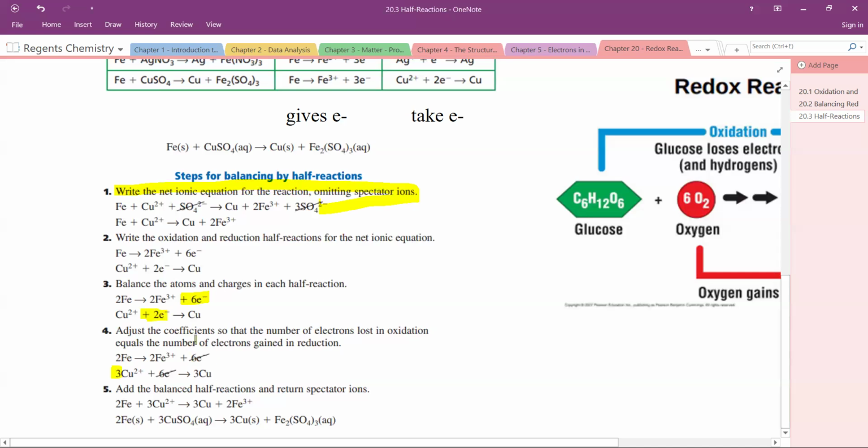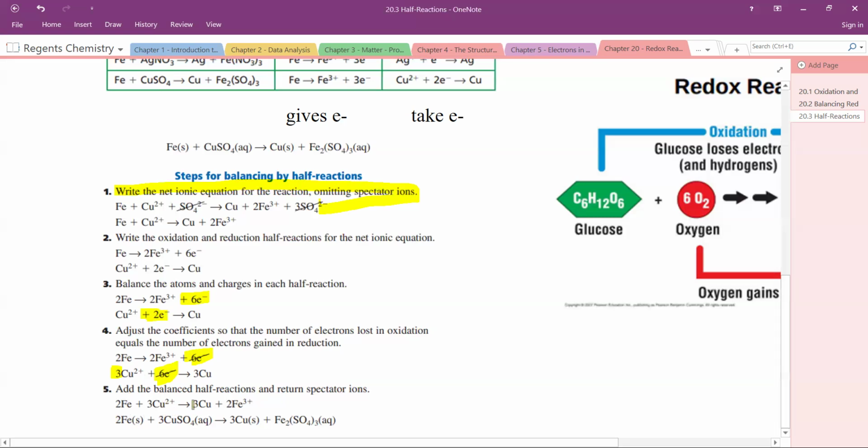And then that means that we will have released 6 electrons here and absorbed 6 electrons here. They cancel out. So we're left with 2 Fe's combining with 3 Cu2+ to form 3 coppers and 2 Fe3+. All right, so that's my net equation here.